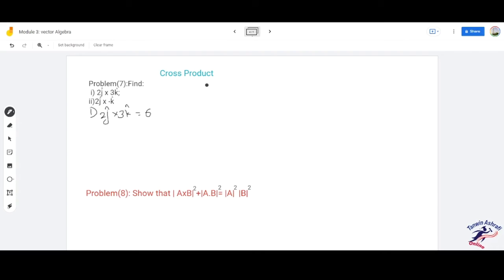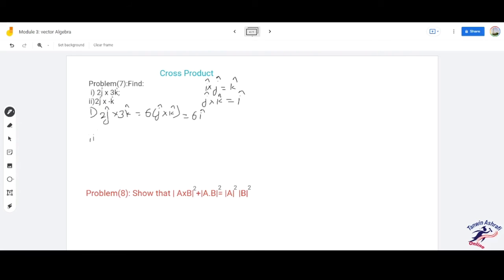That means i cross j leads us to k, and j cross k leads us to i cap. So j cross k here leads us to 6 i cap.